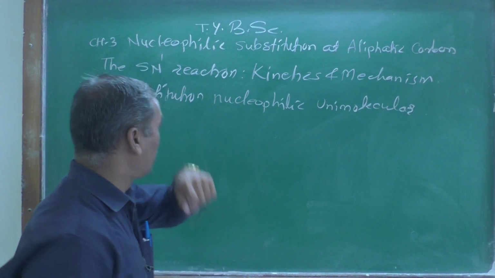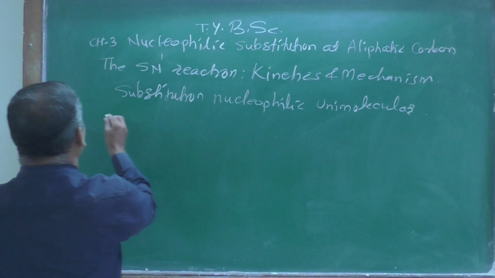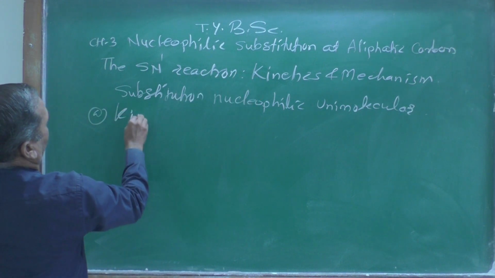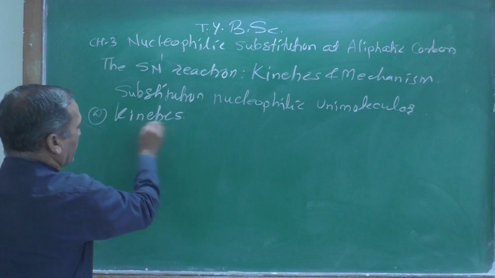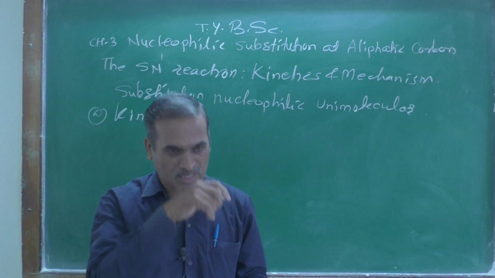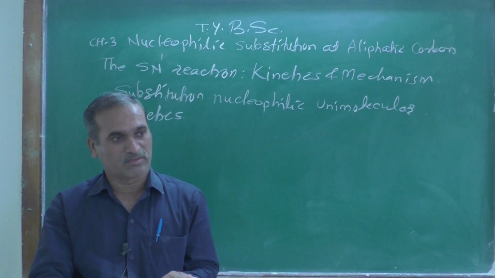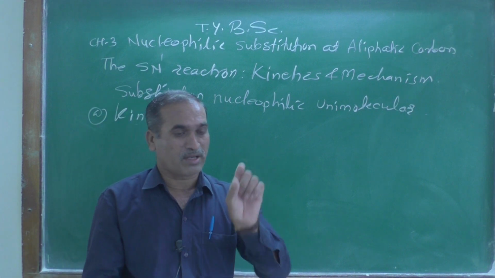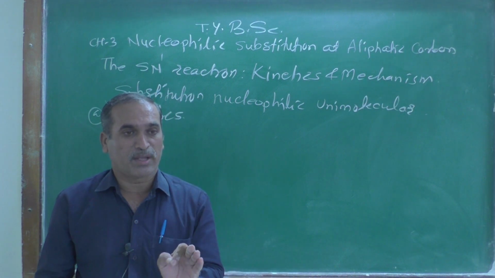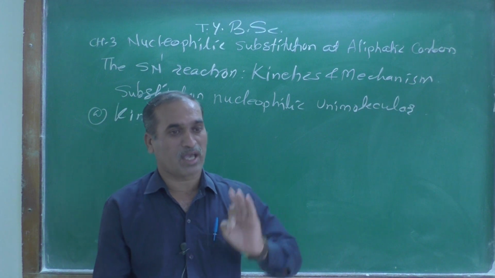Now let us begin with the first one, kinetics, right? Kinetics, as you might have studied in physical chemistry, is a separate chapter, and in kinetics we are studying the rate of a chemical reaction.